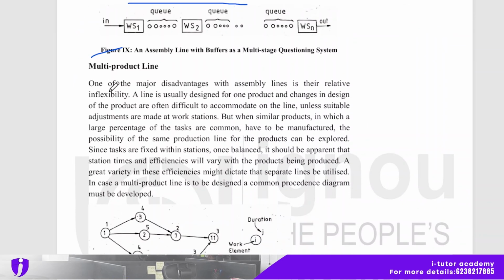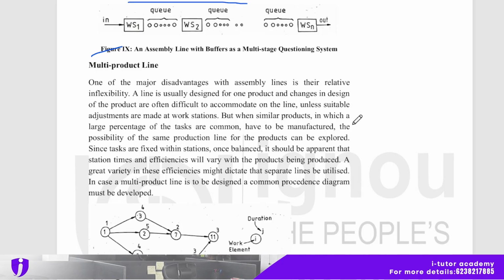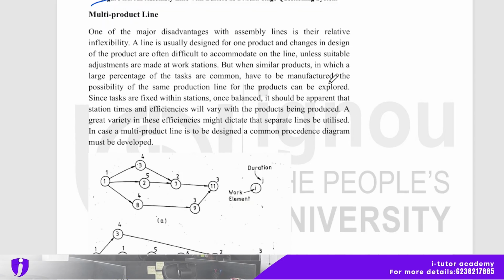Multi-product line. One of the major disadvantages with assembly lines is their relative inflexibility. A line is usually designed for one product, and changes in the design of the product are often difficult to accommodate on the line unless suitable adjustments are made at a workstation. But when similar products in which a large percentage of the tasks are common have to be manufactured, the possibility of using the same production line for the products can be explored.